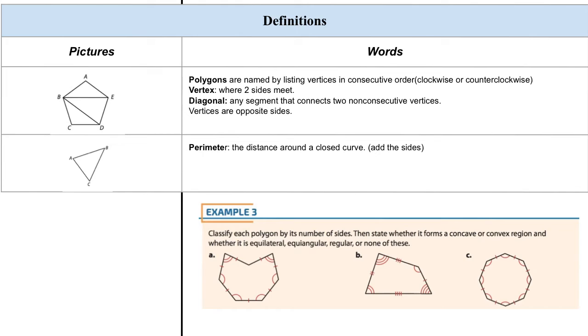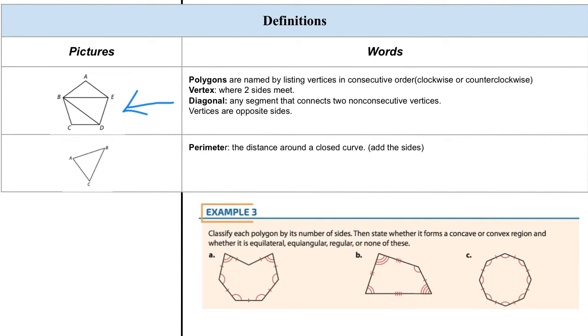More definitions. Polygons are named by listing the vertices in consecutive order. You can either go clockwise or counterclockwise. Okay, so if we look at this pentagon over here on the side, that is pentagon A, B, C, D, E. Or it can be pentagon A, E, D, C, B. We just pick a point and go around.